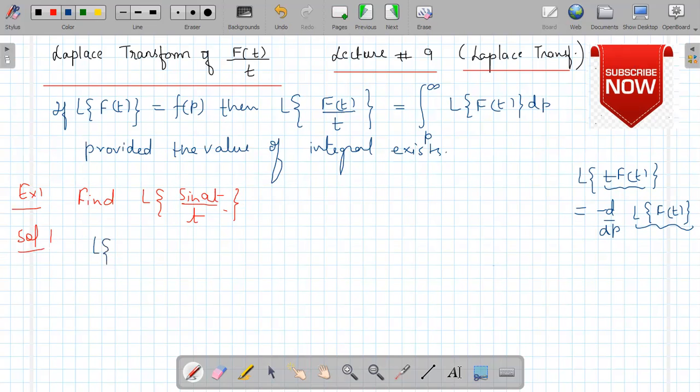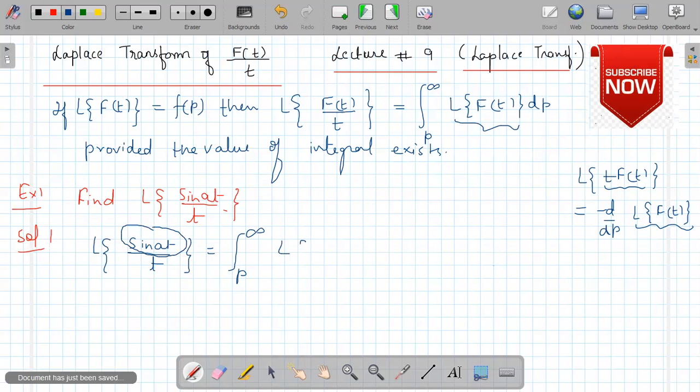So Laplace transform of sin at divided by t will be, according to this, integral p to infinity of Laplace of f(t), where f(t) here is sin at.